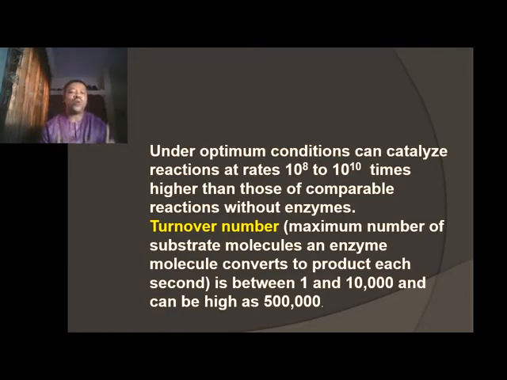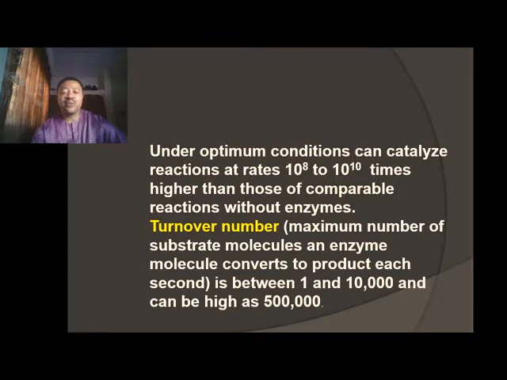So in 1 second, how many substrates can be acted upon by an enzyme and converted to product? That is the statement of the turnover number for a particular enzyme. The turnover number usually is between 1 and 10,000, but sometimes it could be as high as 500,000.